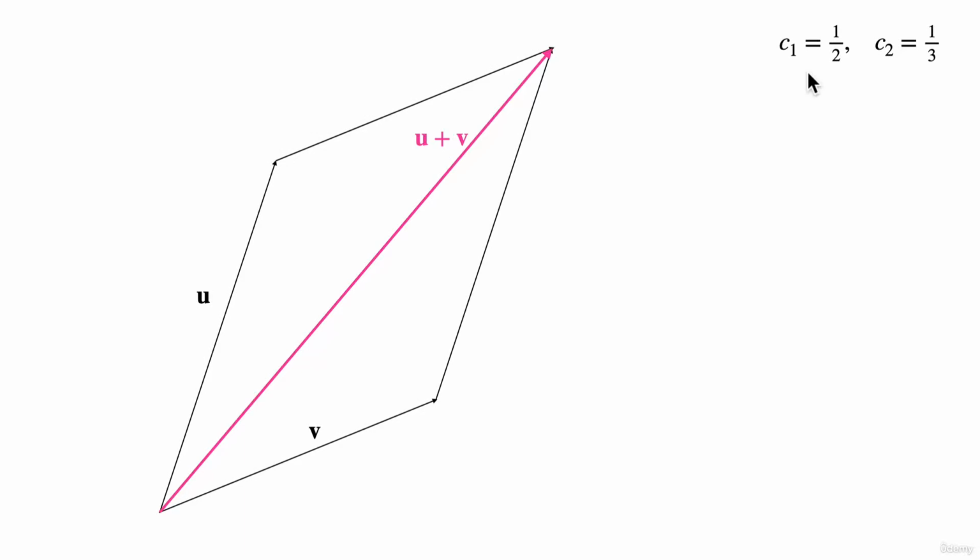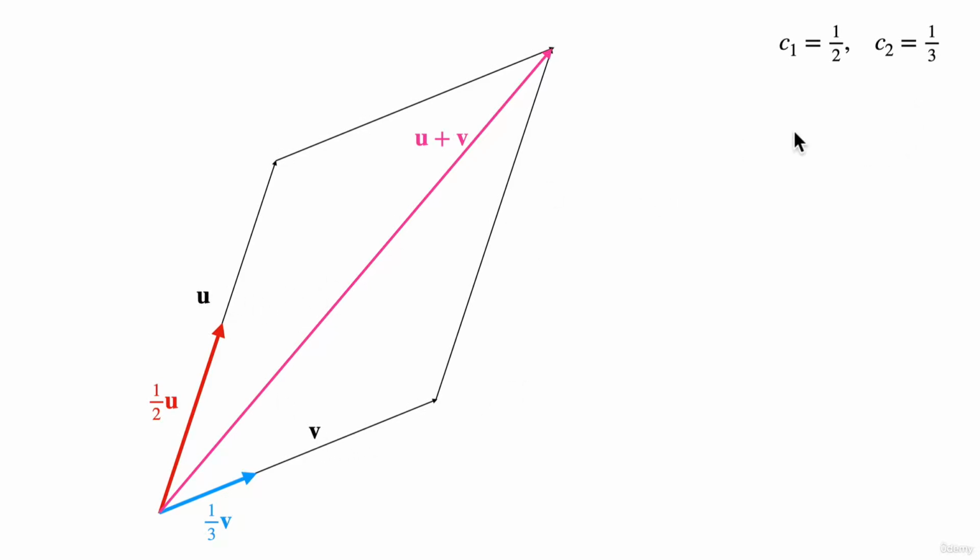But you can make other linear combinations. For this you need two scalars. Let's say that I take scalars c1 equal to 1/2 and c2 equal to 1/3. Then I can produce two new vectors from my v and u.